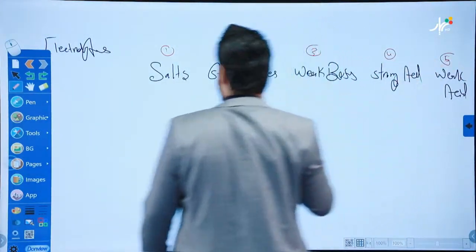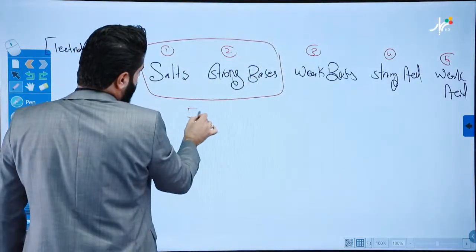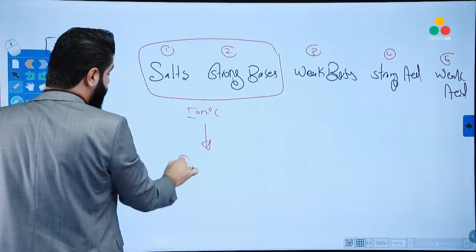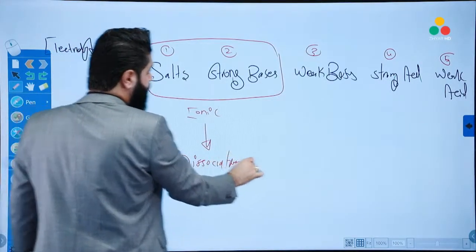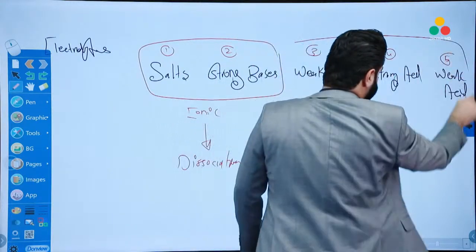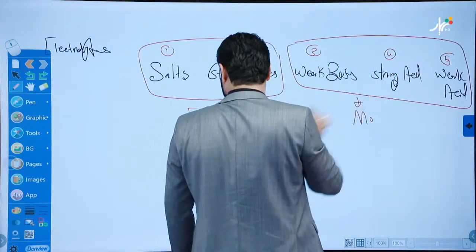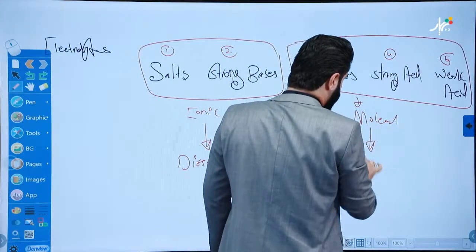What's the difference between them? Two of them are ionic, which go through dissociation. But three of them are molecular, which are ionized.